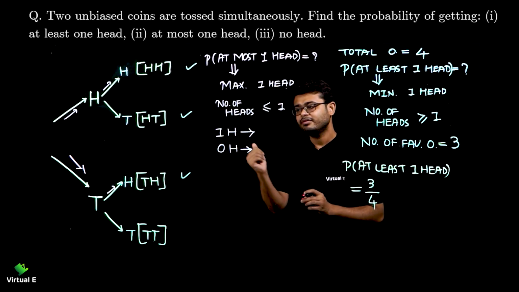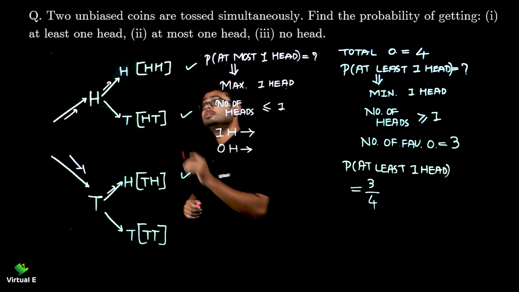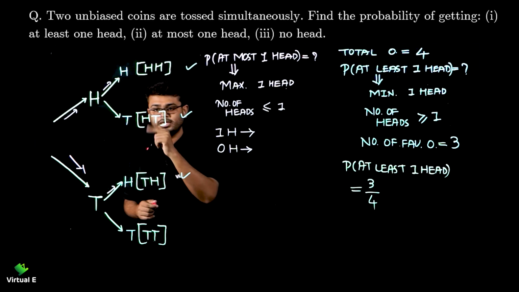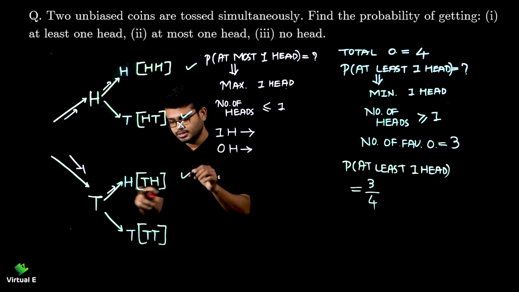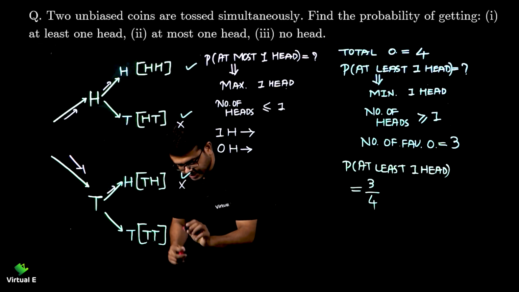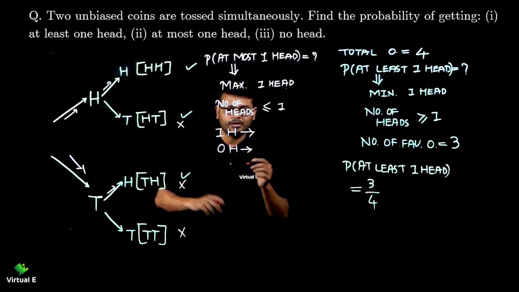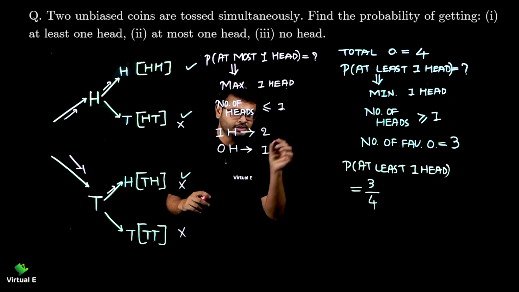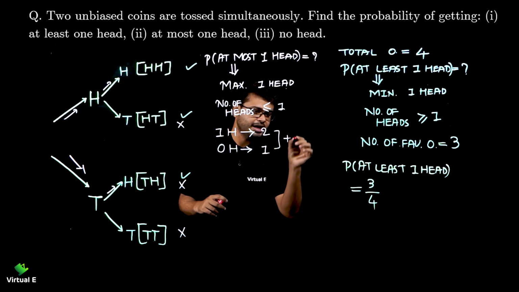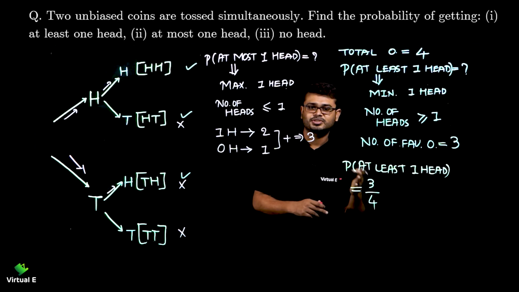We will find the outcomes with 1 head and the outcome with 0 heads. So I have crossed out the 2 heads outcome. There are 3 outcomes, right? There are 2 with 1 head and 1 with 0 heads. If you add them, you get 3. I think the answer will be similar to the previous one, right?